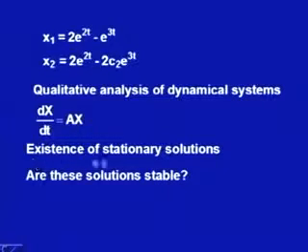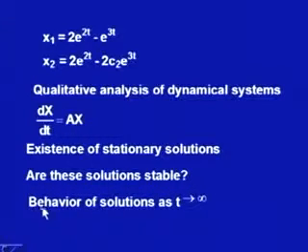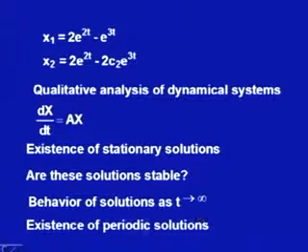So, if the stationary solution exists, are they stable, or what is the behavior of solutions as t tends to infinity, and is there any possibility that this system has periodic solutions? So, when we discuss qualitative behavior of dynamical systems, we are actually trying to answer these questions, and these questions can very easily be answered with the help of eigenvalues and eigenvectors related to this differential system. So, let us illustrate this.